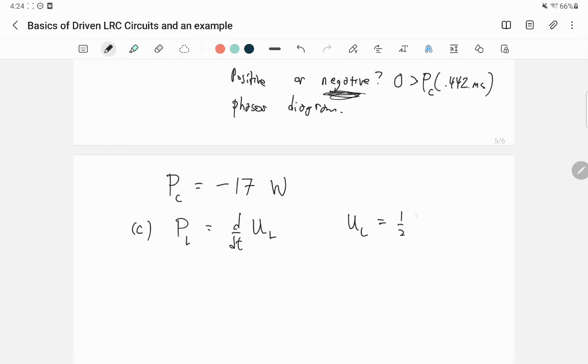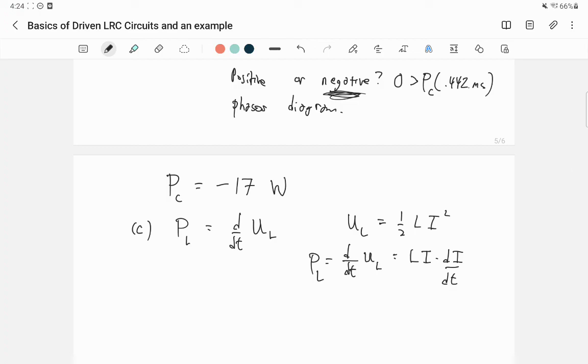So it's 1/2 L i squared, right? So you can imagine that taking d by dt of U sub L, it's going to give you L i di/dt, right? So this is the power, or the rate of change of the energy in the inductor.